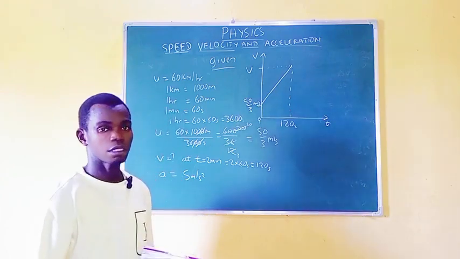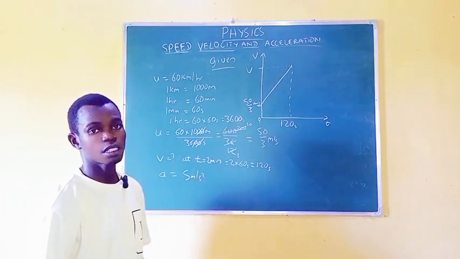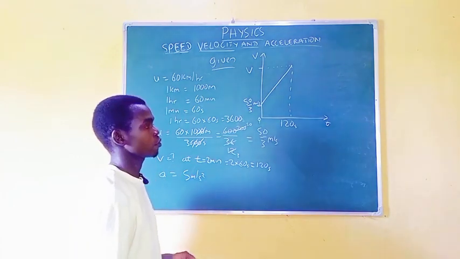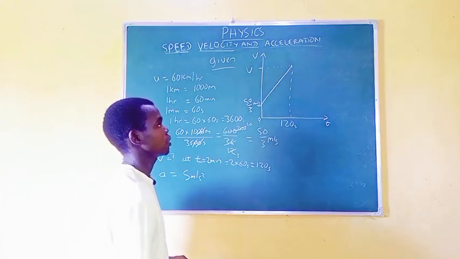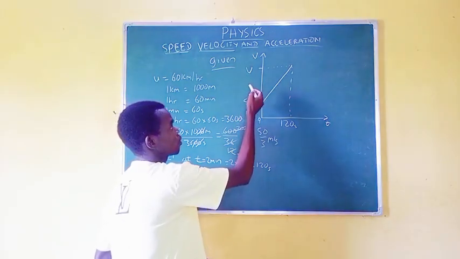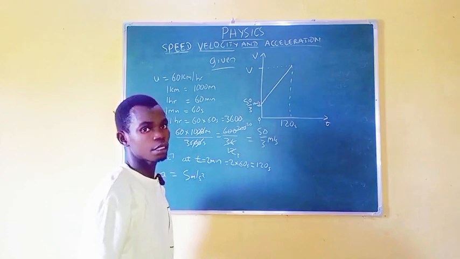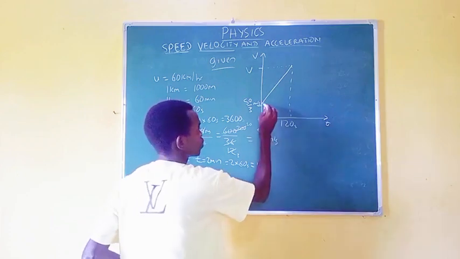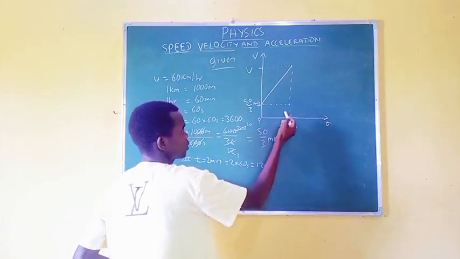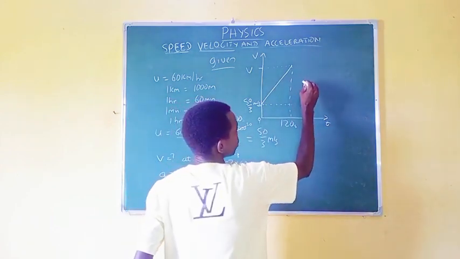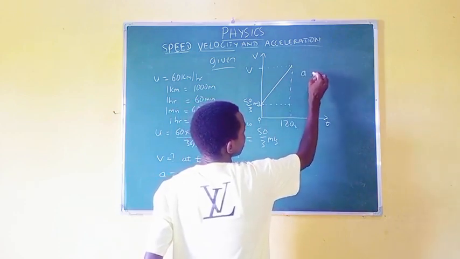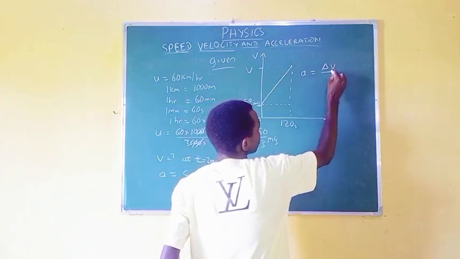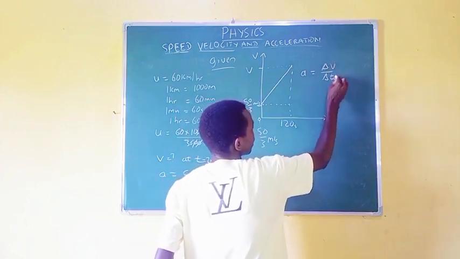We know that the slope of the velocity time graph is equal to acceleration. From here now, we can find our velocity using the slope of the graph. Let's find the slope of the graph. The slope, a, acceleration, is equal to change in velocity over change in time.